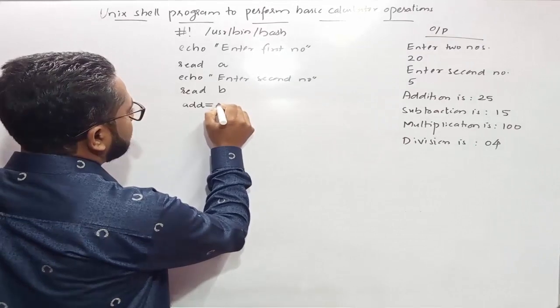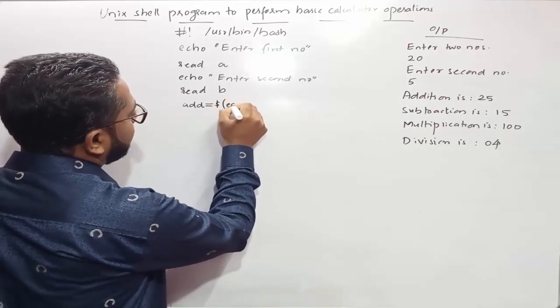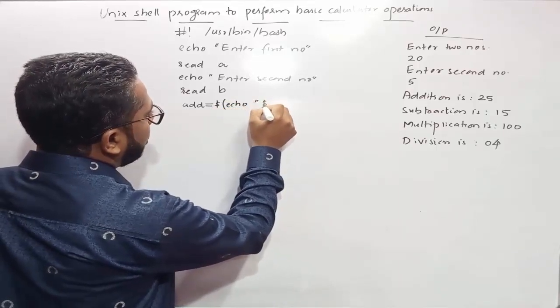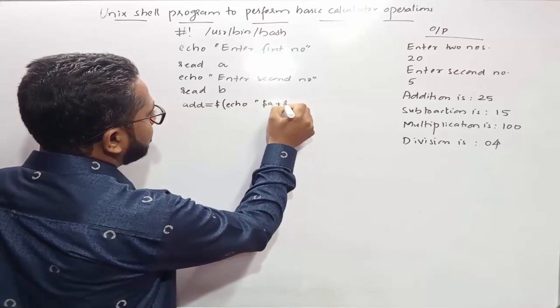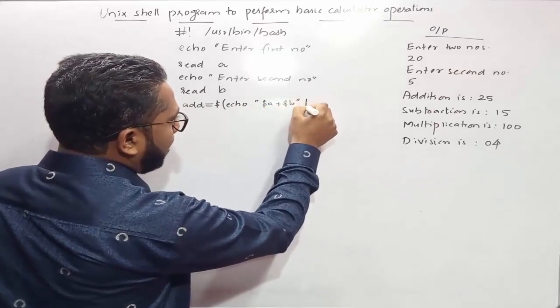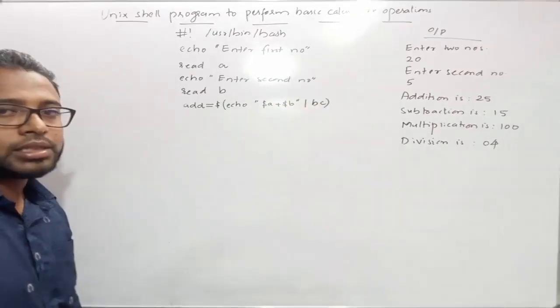Then dollar symbol, open round bracket, and then echo space double quote dollar a plus dollar b double quote, close, then pipe symbol, and then bc. bc stands for basic calculator.